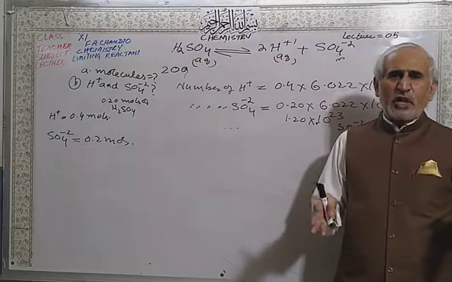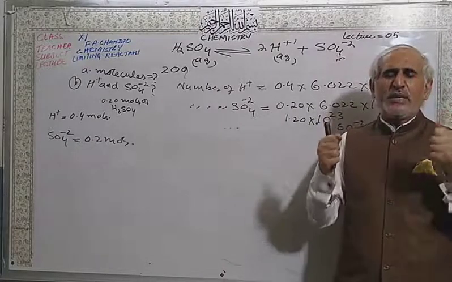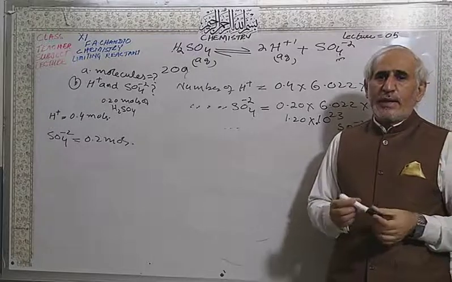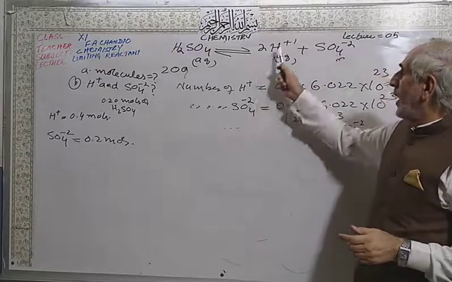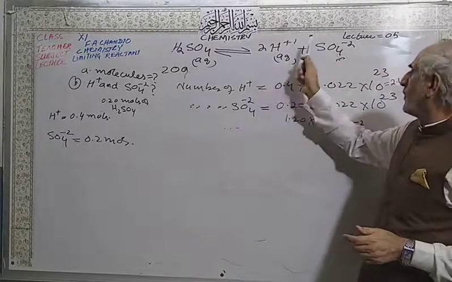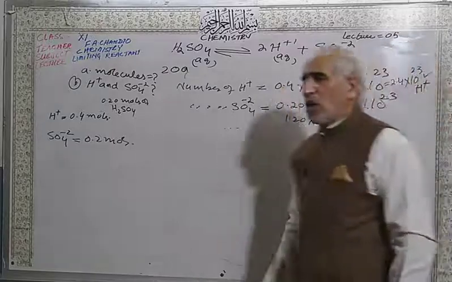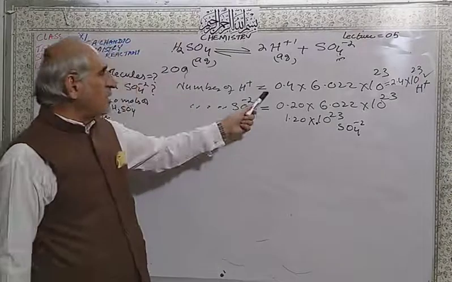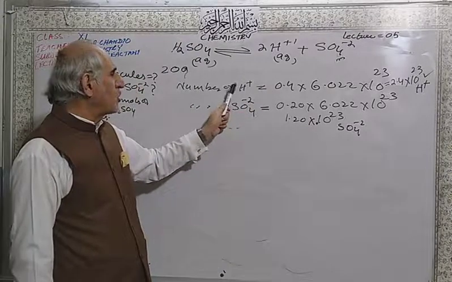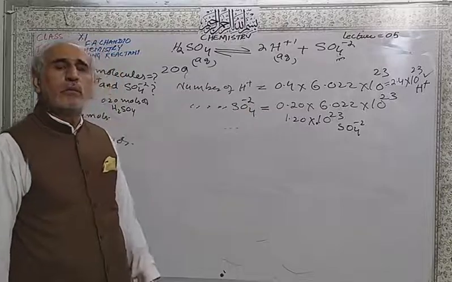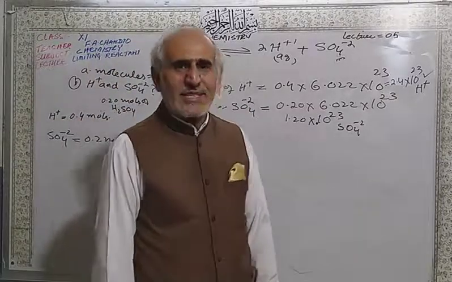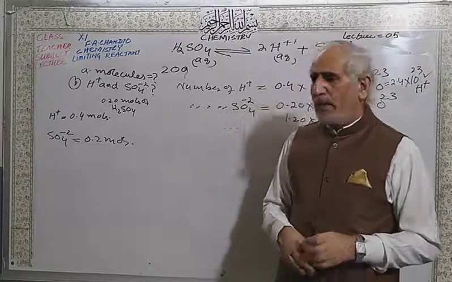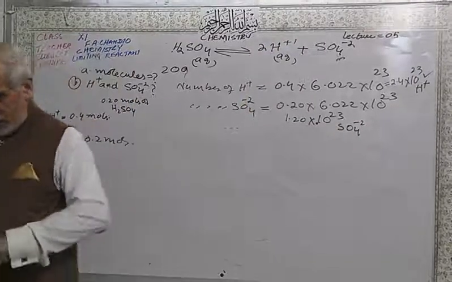The number of positive charges and negative charges must be equal in the aqueous solution. Hydrogen is positive 1 multiplied by 2, positive 2, and sulfate is negative 2. So these charges are equal. When the examiner asks you to calculate the charges, they are always equal. The number of ions may or may not be equal.